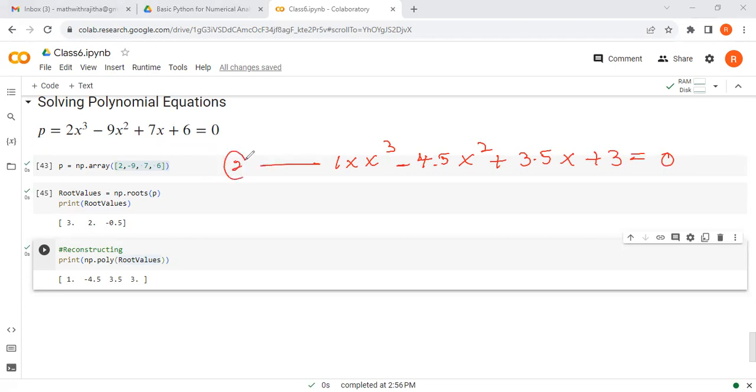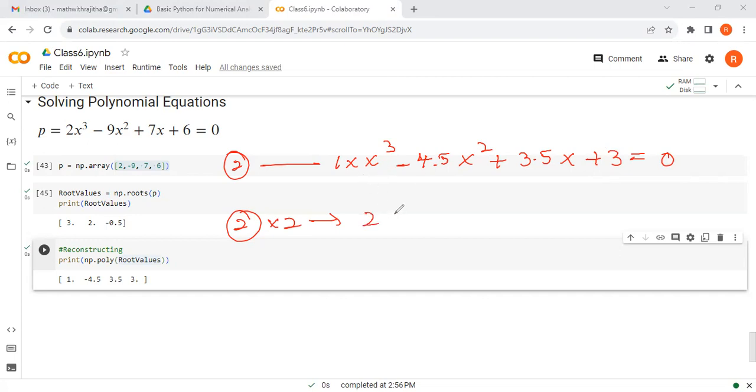Now let me multiply this by 2. I can multiply the left hand side by 2 and the right hand side by 2. It will not harm the equality.